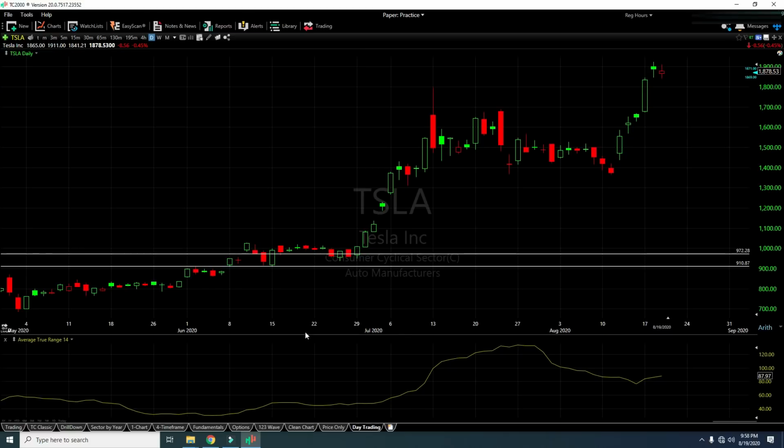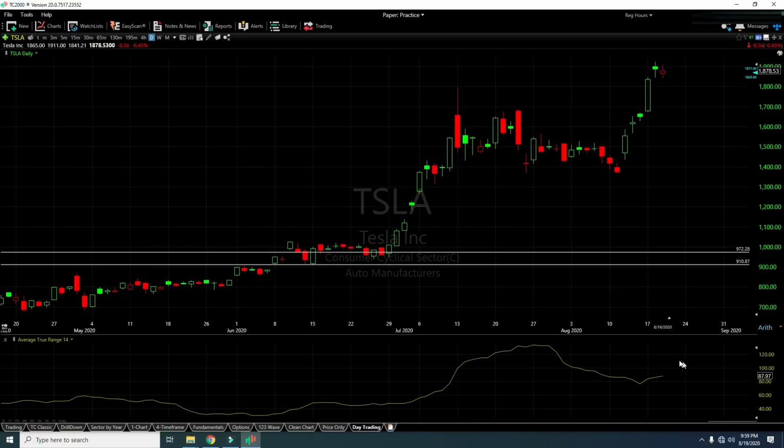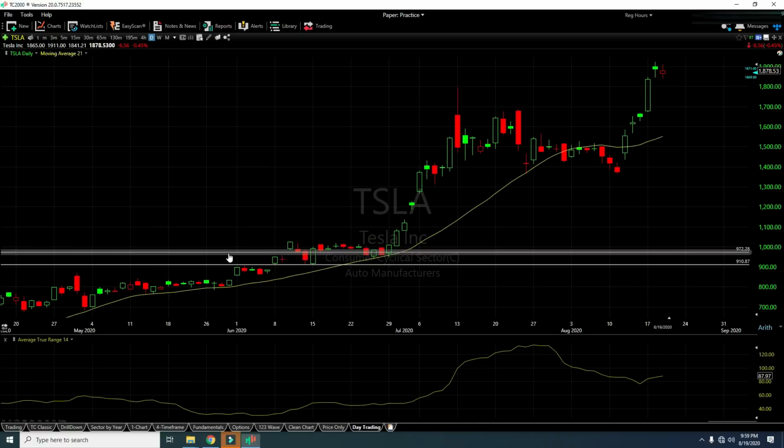Now the pullback area, or the location where you can enter the trade, can be marked by support resistance, or using a moving average, or through a trend line. Now let's take a look at an example for moving average.